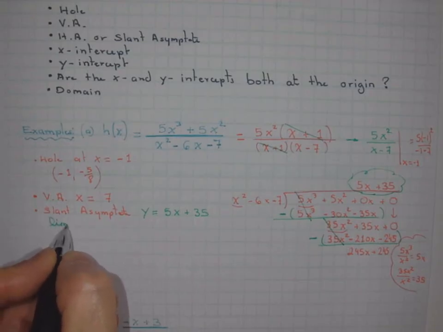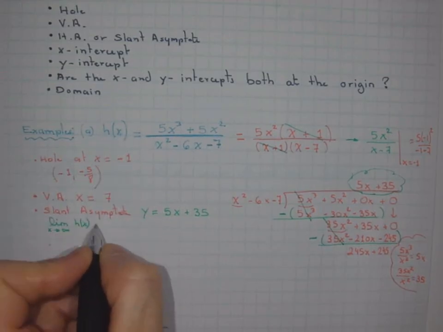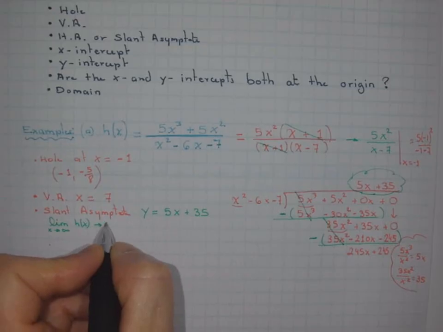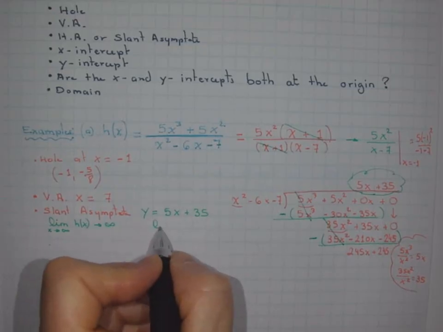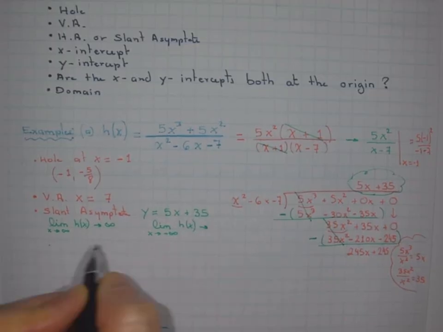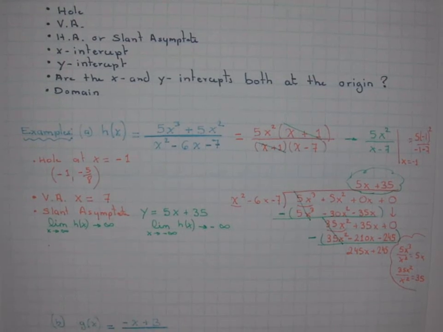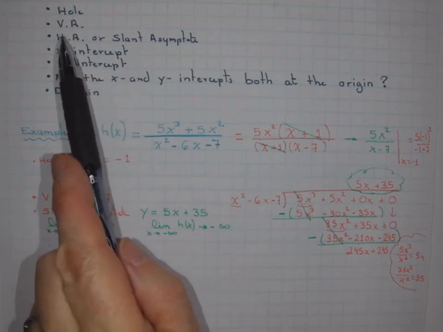I'm going to write that down. So the limit as x goes to positive infinity of my function h of x goes to positive infinity, and we said the limit as x goes to negative infinity of h of x goes to negative infinity. Okay, so that was for my slant asymptote.